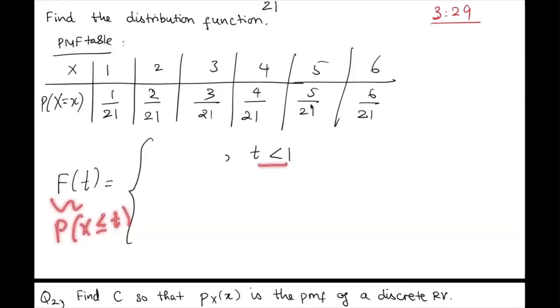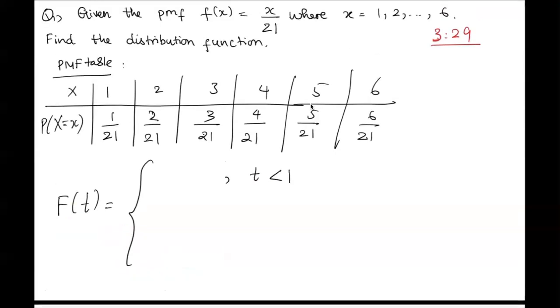If t is less than 1, let's say like 0.5, we can see that the probability that x is less than or equal to 0.5 is just 0, because x starts at 1. Before 1 is impossible. So it is 0 here.